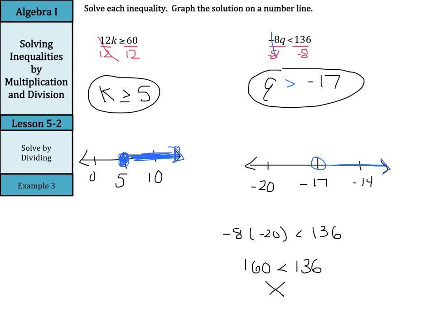But if we tested negative 14, negative 8 times negative 14 is 112, and 112 is less than 136, so that is true. Just other ways of testing inequalities to make sure that they work.